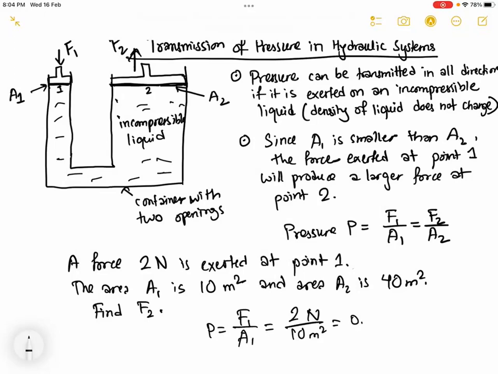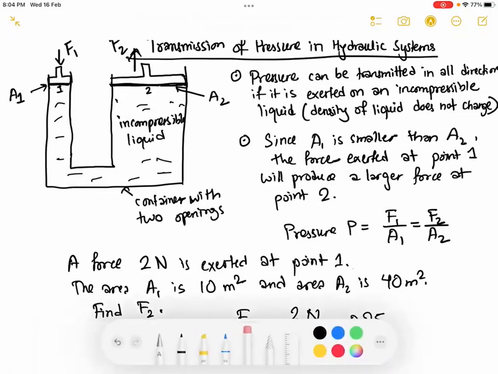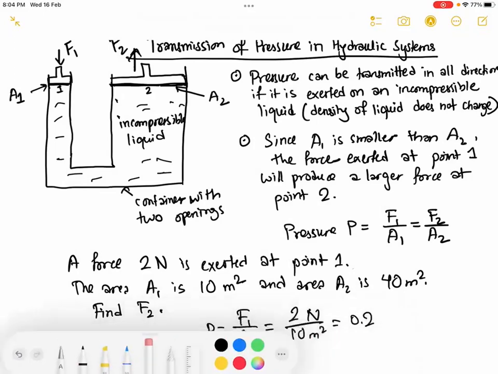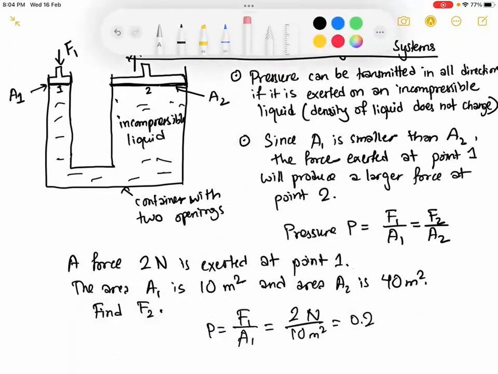What is 1 by 5? 0.2. Right? Wow, I'm so bad at math. Yeah, obviously it's 0.2. Okay. So that is Pascal, let's say.